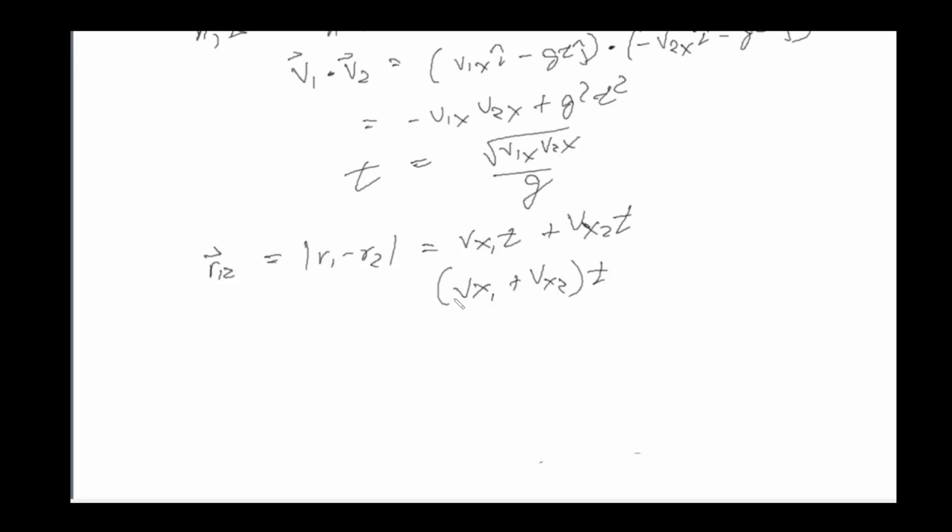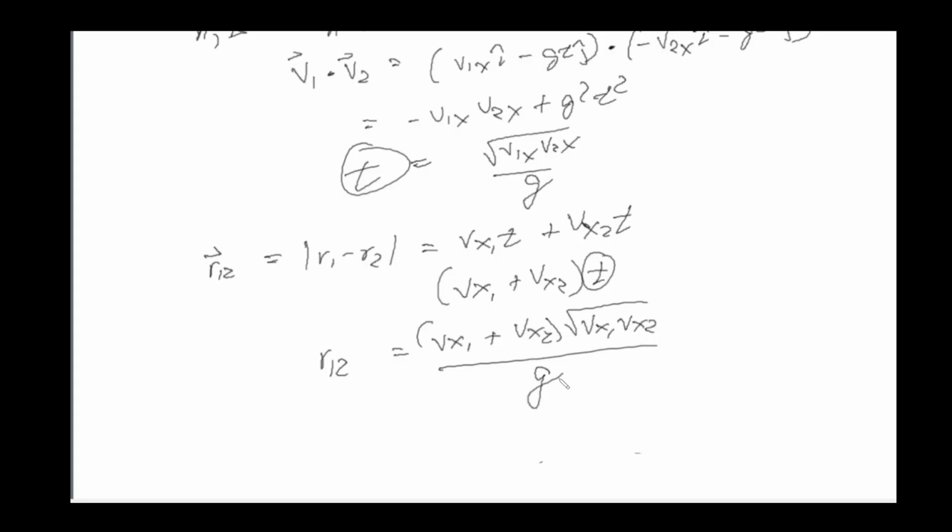Well, we know t from above. If we substitute that in, we find that r12 is equal to vx1 plus vx2 times the square root of vx1 times vx2 over g. And that's the solution to this problem.